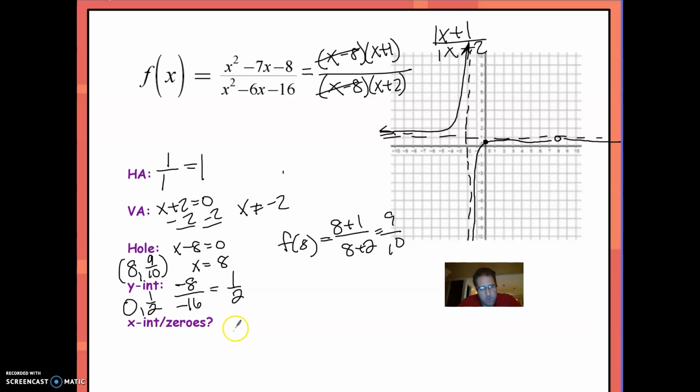So x plus 1 equals 0, so x is negative 1. So that would be negative 1, 0, which is about right there. And it pretty much does hit. It's getting close enough. My graph just could have curved a little bit better.